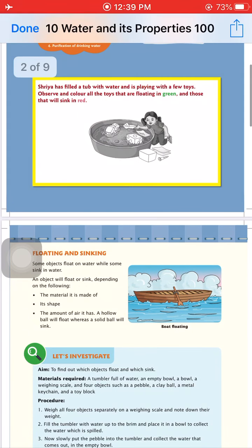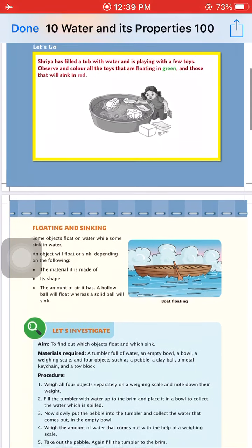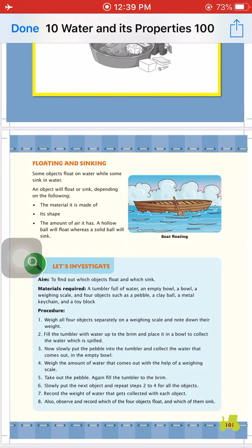We can do this picture after reading the properties of floating and sinking, which type of material sinks inside the water and which type floats on the surface of water. So firstly, on second page, floating and sinking.